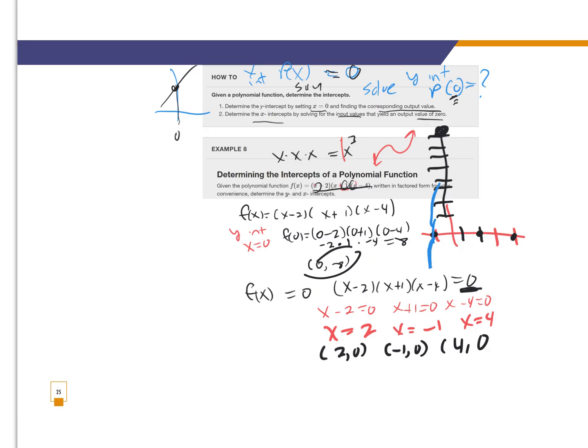From the bottom, go up, has to cross the y-intercept, come back down somewhere. May not come back down exactly there. It could go up higher. Either way, it's got to come back down to hit this one. Then somewhere it's got to come back up to hit that one. So that would be a pretty good rough graph of the problem. So let's go next page and see how we did.